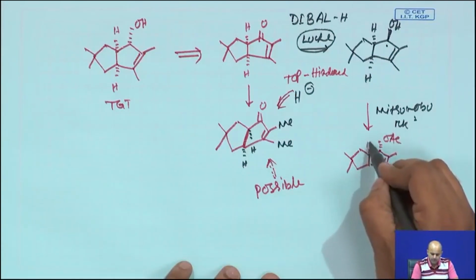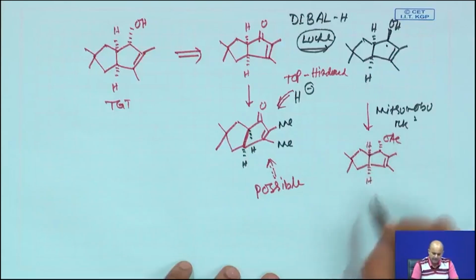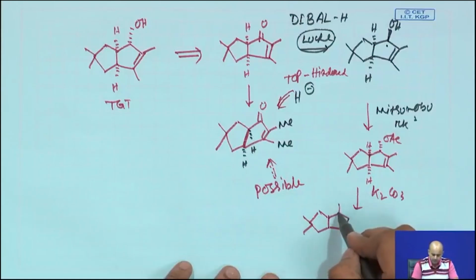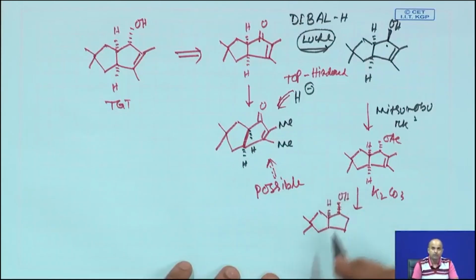The same reagent condition, and then do the hydrolysis, acetate hydrolysis. So now basically you get your product back, this OH, which is the target molecule that was drawn.